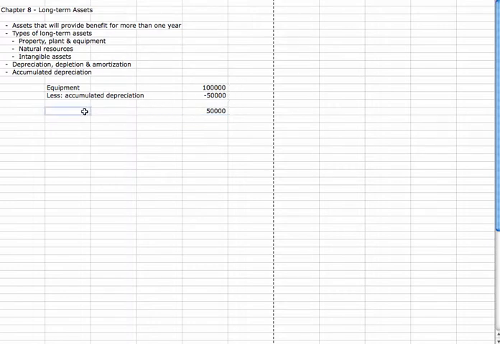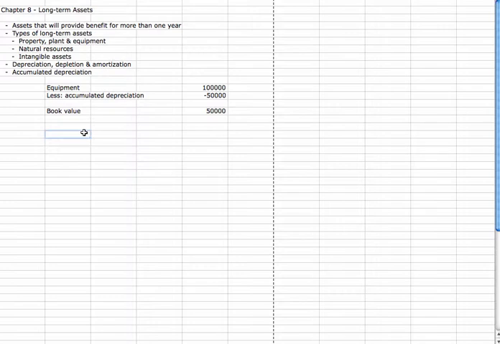This difference is called the book value. The book value is the value of the asset at that particular point in time. This becomes a significant issue because when you look at a balance sheet, someone might say, I have $1 million worth of equipment.